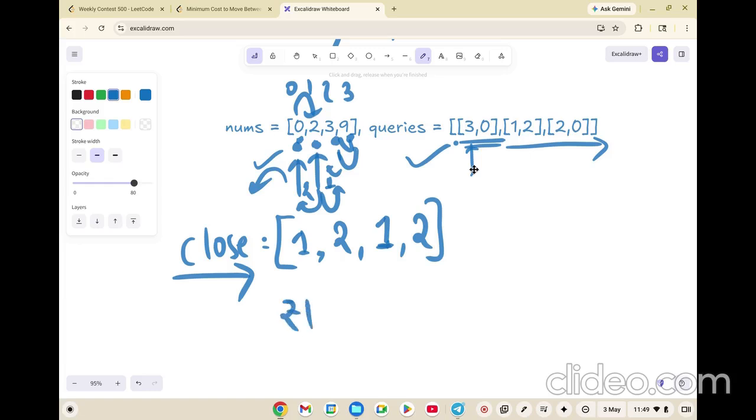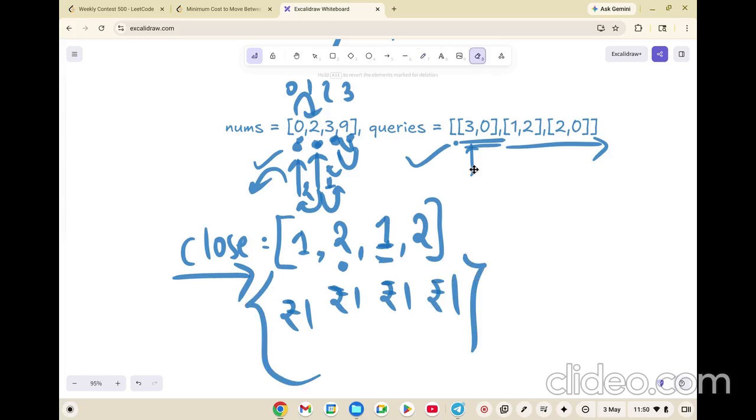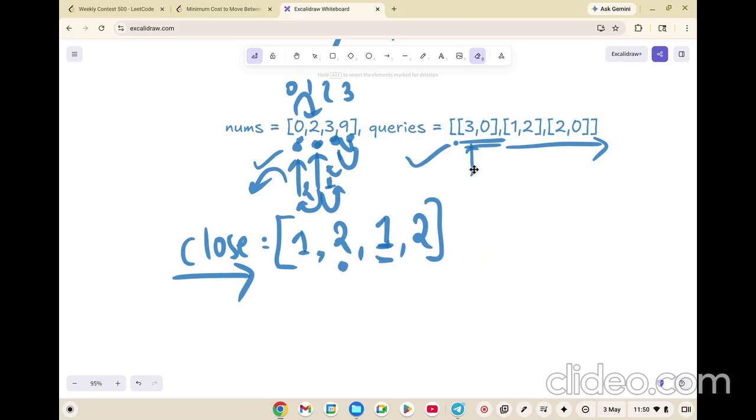Okay. But the other way would be that you are standing at this position. You can go to index 2 with a cost of rupees 1, right? Let me write it with a different color so that it is a bit clearer. Let's take green. Let's say you are at this position, you want to go to this position, that will take a cost of rupees 1. Now from this position, you can go to index 1 with a cost of rupees 1.